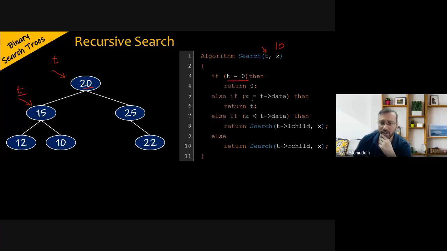Then X equal to T of data, X is 10, T of data is 15, so 10 equal to 15 is also false. Now we have else if, where X less than T of data, so 10 less than 15.